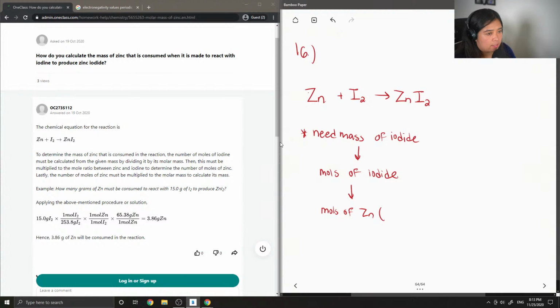So since they react in a 1-to-1 ratio, they will have the same number of moles. And then once we have the moles of zinc, then we can find the mass of zinc using number of moles times molar mass. Okay, so let me just write here that the number of moles of iodide can be found when you have the mass divided by the molar mass of iodide.